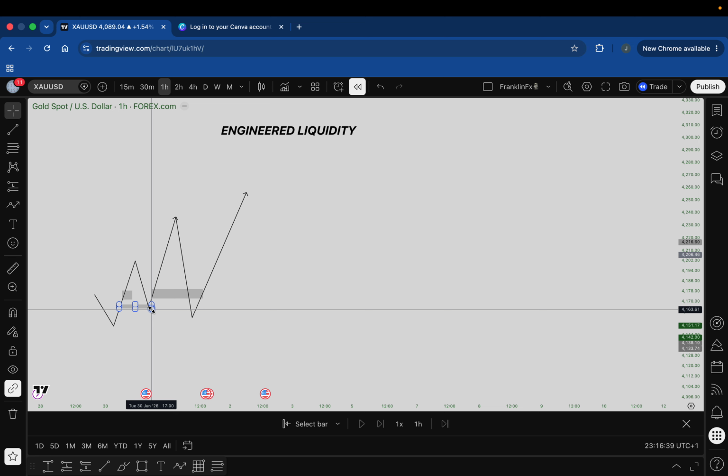Now, come with me again. While this structure was being built from here to here, there was no liquidity found on it. And for that reason, market came all the way down here and took here out as liquidity.